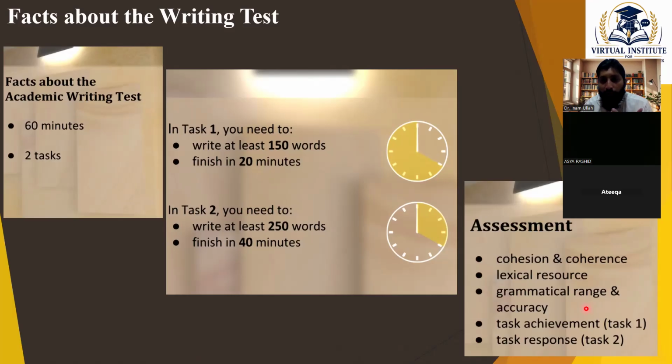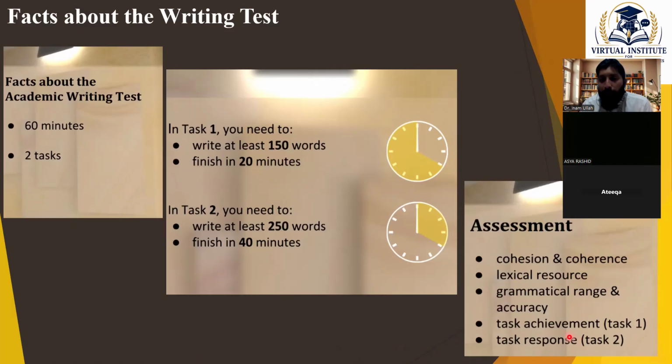You need to be accurate. If you have good grammatical range, but the way you use those grammatical structures is not relevant, it means that your accuracy level has gone down and ultimately your score will go down, right? So it's not only about the knowledge of the grammatical range, but also about the accurate use of those grammatical structures and grammaticality.